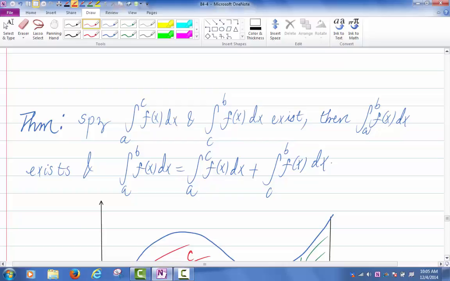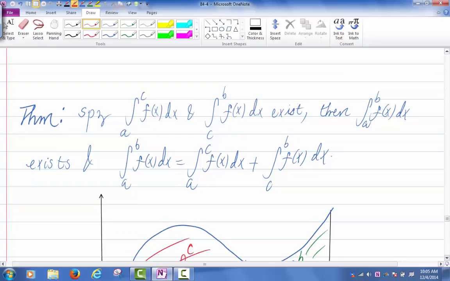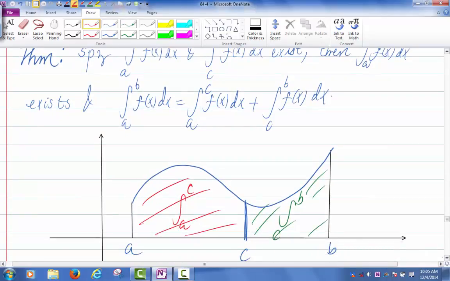If I know that they exist, then what I know is that the integral from a to b exists, and not only that, I can say that the integral from a to c plus the integral from c to b is the same as the integral from a to b. So if you look at c here, the c here and the c here, they match.